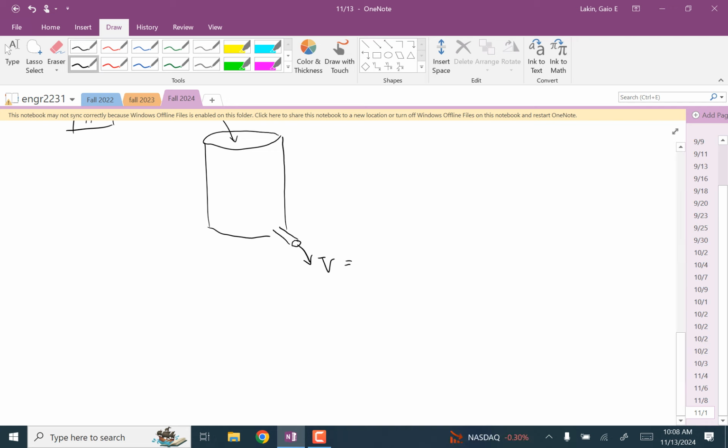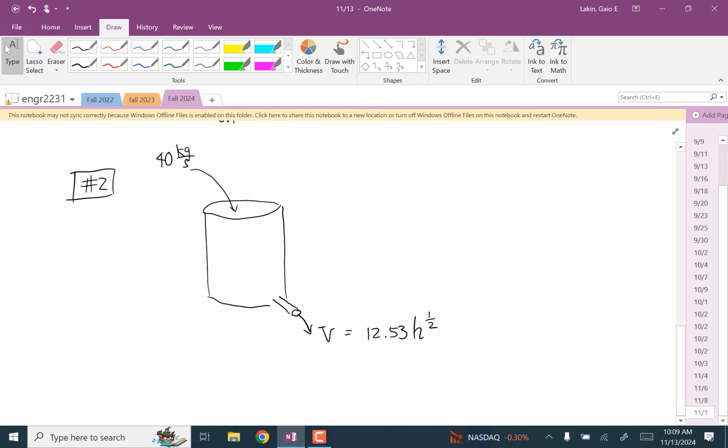So 4 times square root of 9.81. So this is 12.53 times the square root of h, or h to the 1/2. And this is h.